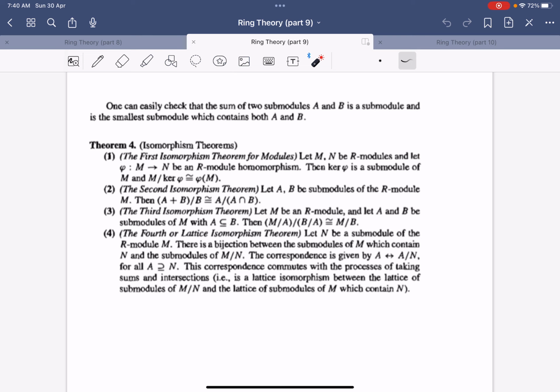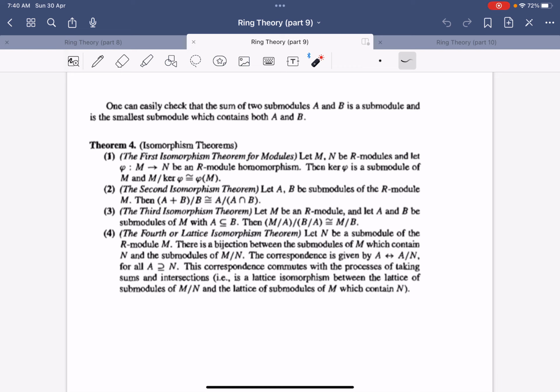There's not much difference in the proofs, so I shall just state the isomorphism theorems. The first one states that the module divided by the kernel will be isomorphic to the image, where phi is a module homomorphism. The second isomorphism theorem states that (A plus B) quotient B will be isomorphic to A quotient (A intersect B).